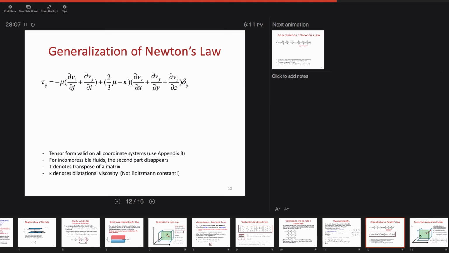So my tau ij is minus mu times dvi dj plus dvj di. Now if I actually want to write this in a tensor notation, so I just want to use an entire tensor. For each of the 9 values in my table here, I just replace i and j with the ones that I want.